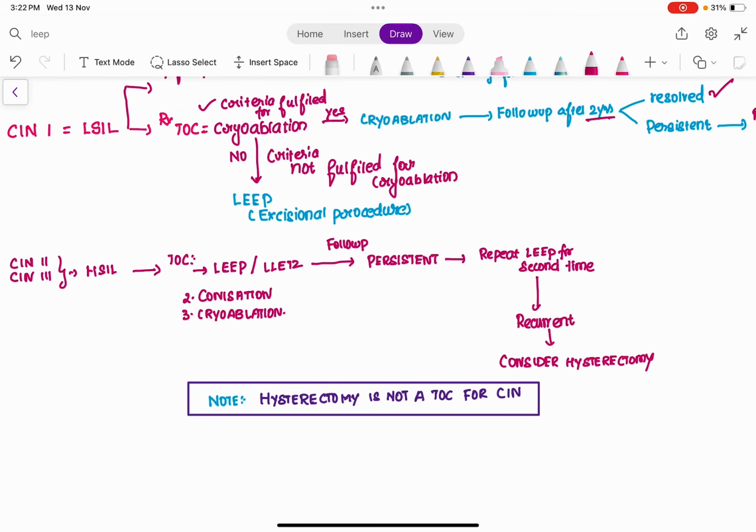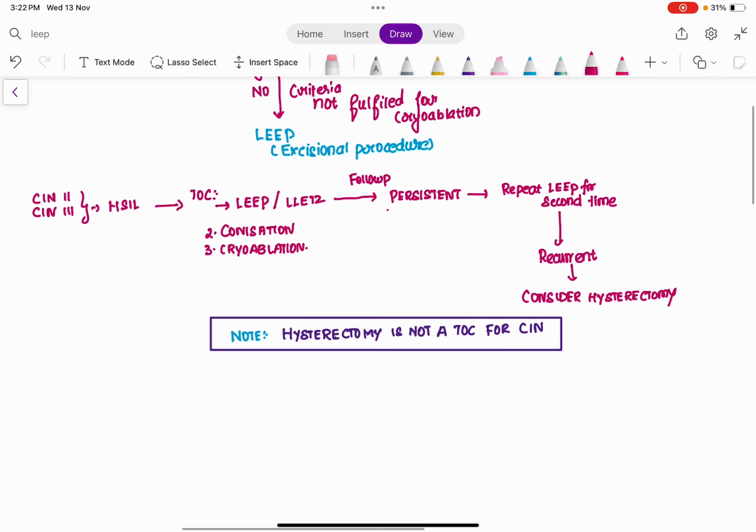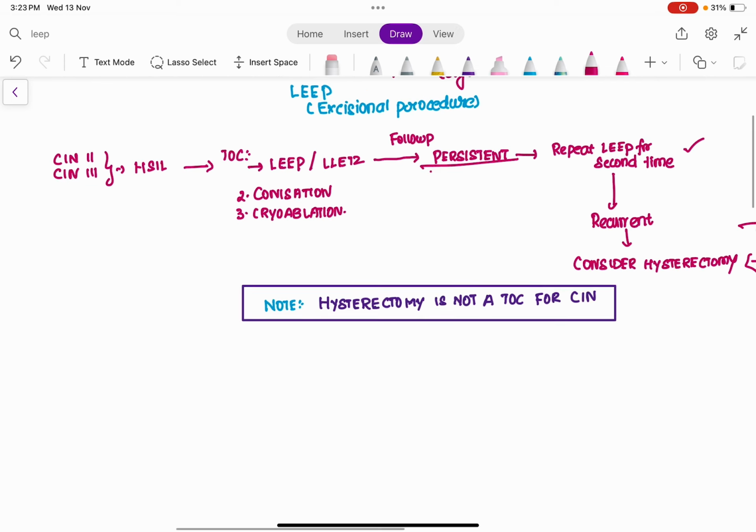For CIN2 and 3, since it corresponds to high-grade squamous intraepithelial lesion, the treatment of choice is going to be excisional procedure such as the LEEP or LLETZ. After doing the procedure, keep the patient under follow up. If the CIN is going to be persistent, now you have to repeat the LEEP for the second time, and if it is going to be recurrent for the third time also, now you need to consider hysterectomy in that patient.